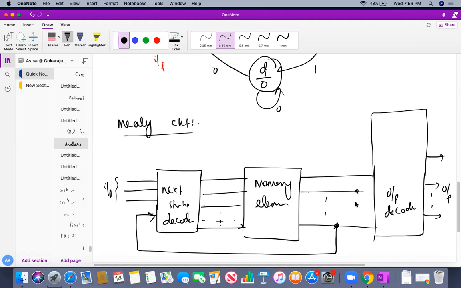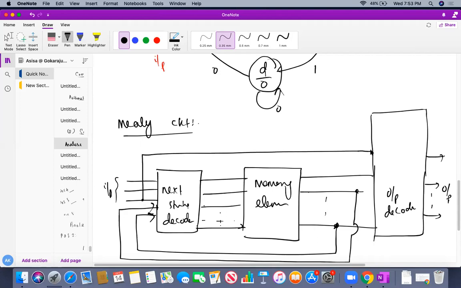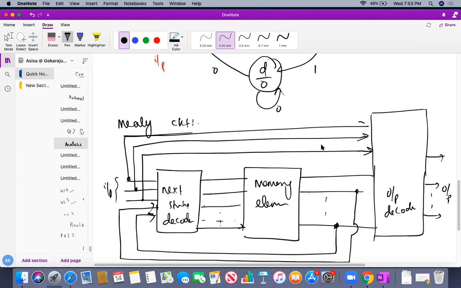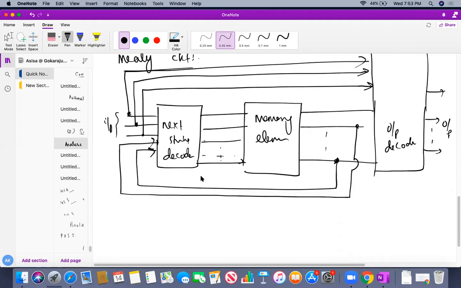Some feedback path I'm taking from here like this. So what do you understand? From here also, those inputs will go this way. So this is my Mealy circuit block diagram.